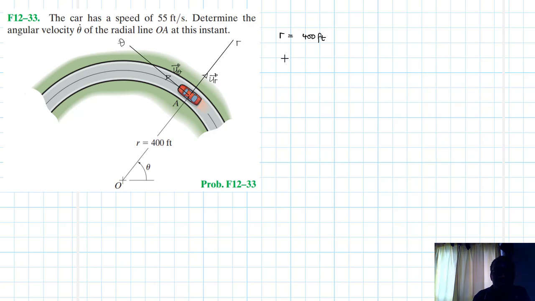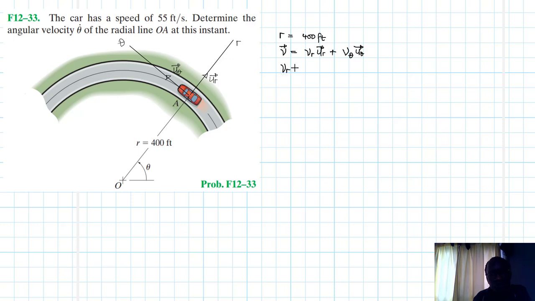All right, so r is equal to 400, and then we know that our velocity is just going to be equal to Vr times the unit vector in that direction, and V theta times the unit vector in that direction. You can check out how to work out these particular derivatives.